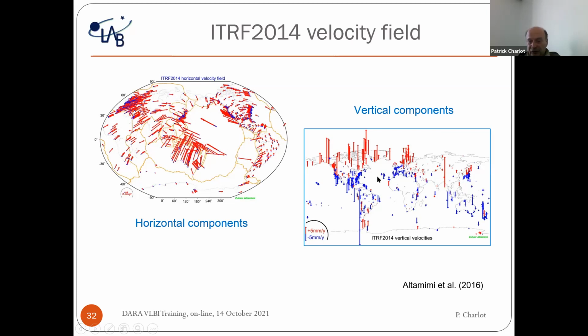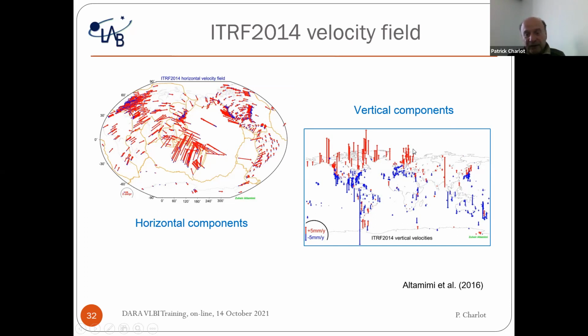And as I mentioned previously, when I discussed post-glacial rebound, you may have also some vertical velocity components. And actually, you can see here this post-glacial rebound, where you see the stations moving up in Northern Europe, but also in Greenland and in Canada.